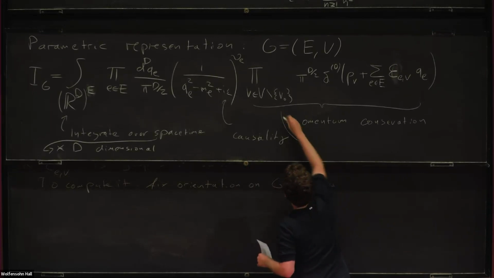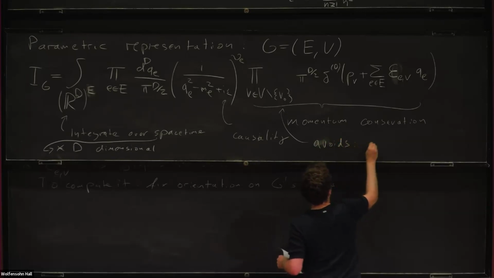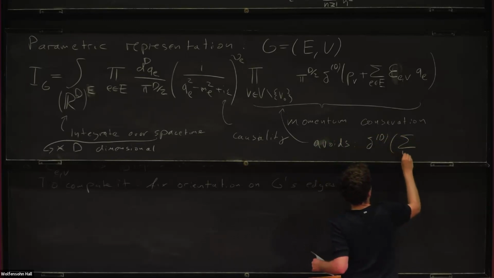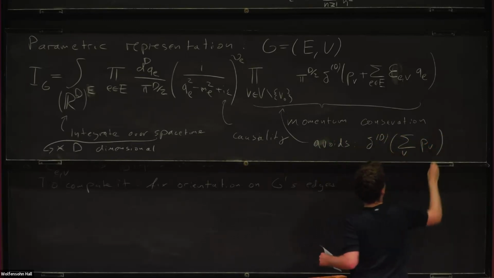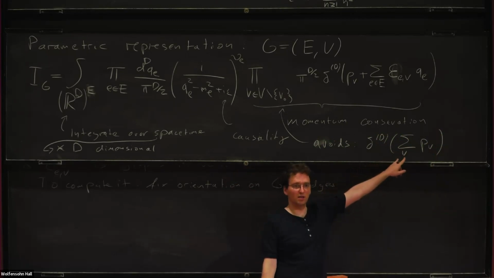So this avoids an overall delta function, which just contains the sum over all incoming momentum into each vertex.